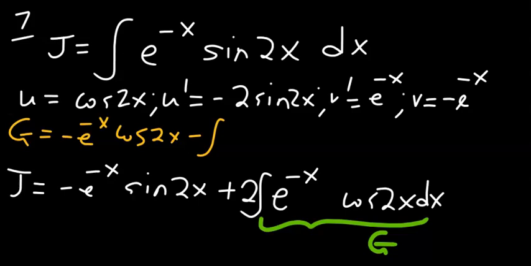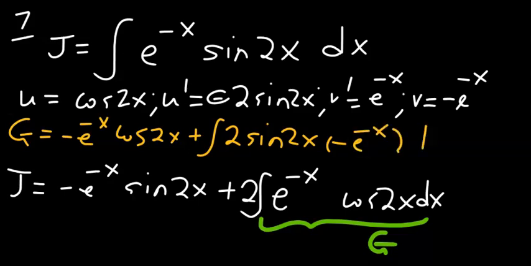So u prime is minus 2 sine 2x, so that minus will kill this minus, so it will make it a plus 2 sine 2x, and v is minus e to the power minus x dx. And you can bring this minus outside of the integral sign like that. Let's take the 2 out, and you get that.